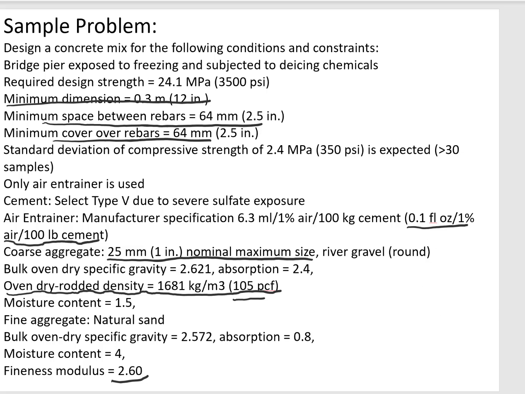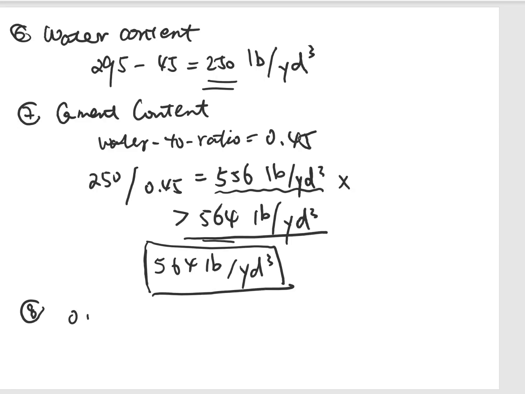So it's 0.1 times the percentage of air content, which is 7%, right? Times 7, and then times the amount of cement, which is 564 divided by 100.